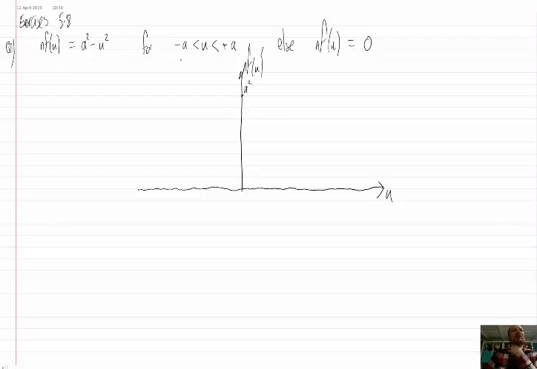We know outside of this range, minus a to plus a, nf of u is 0. So u squared would look something like this. It would be a curve sweeping up like this. So if we've got a squared minus u squared, we're going to have a function that looks something like this, and it'll be symmetric. Whoop, really badly drawn. Symmetric either side of the y-axis.